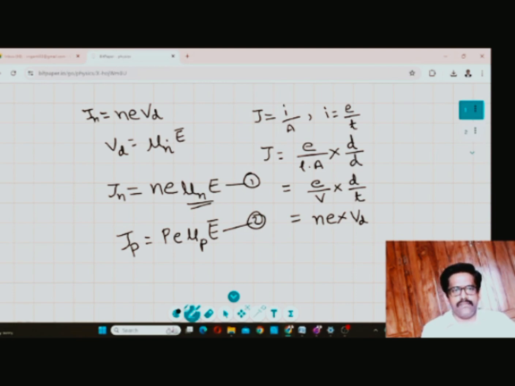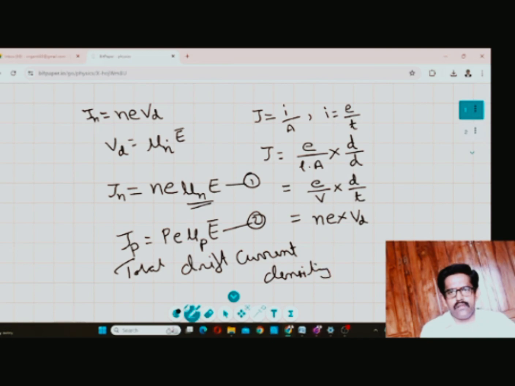So the total drift current density is given by J total equals Jn plus Jp.